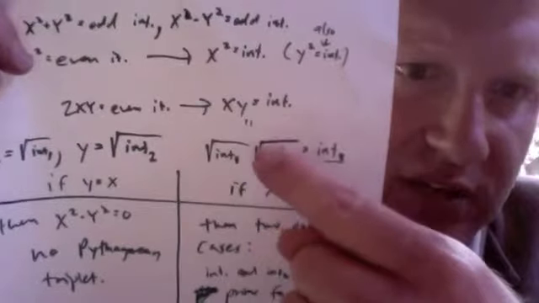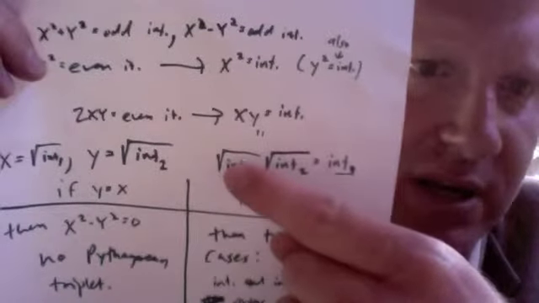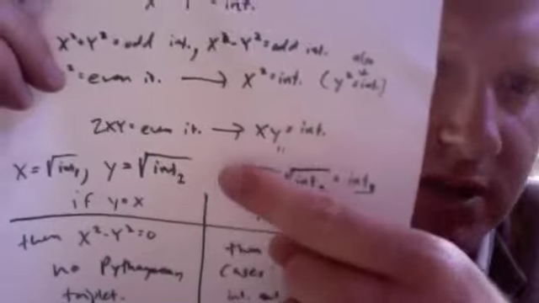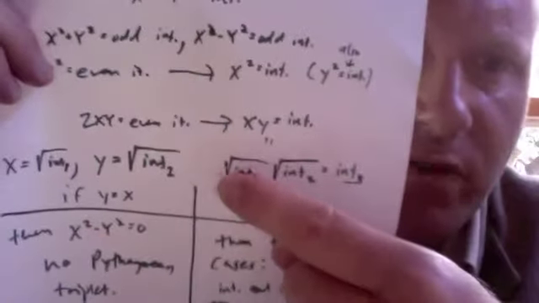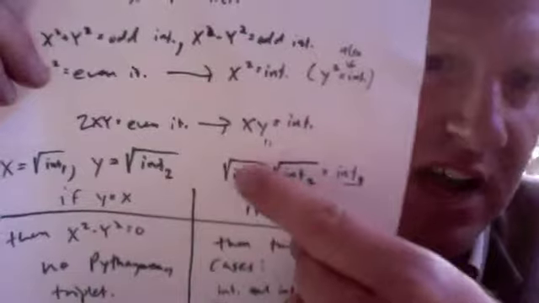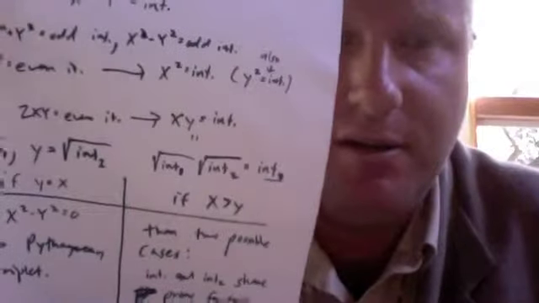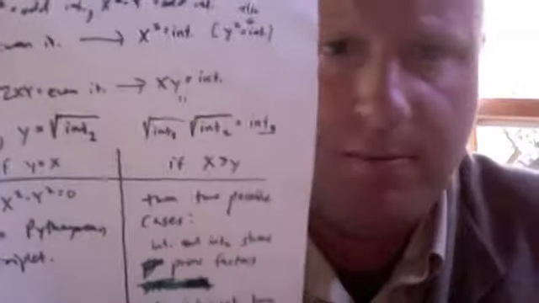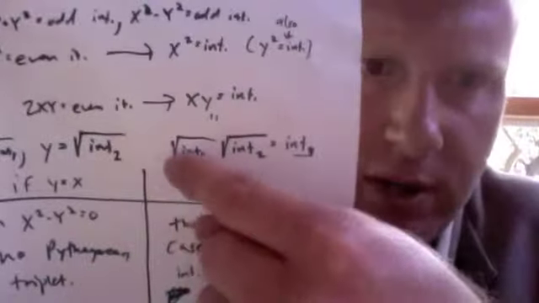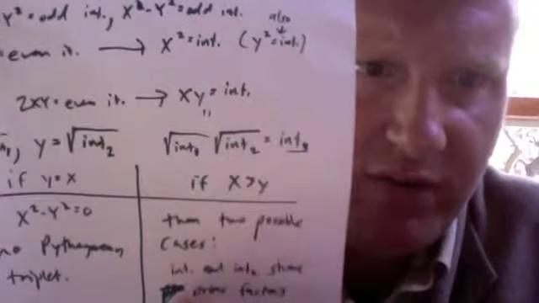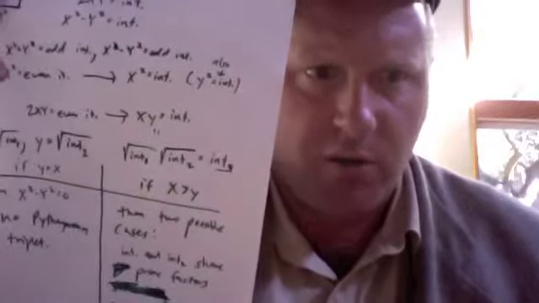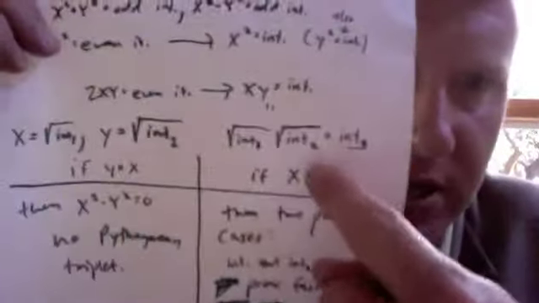If I were to take a big long radical and extend it over integer 1 times integer 2, I would need matching prime factors to have the square root be an integer, and not some other type of number. So integer 1 times integer 2 together would have to have matching sets of prime factors in order for the square root of integer 1 times integer 2 to be an integer.